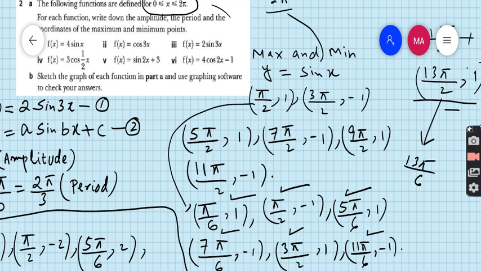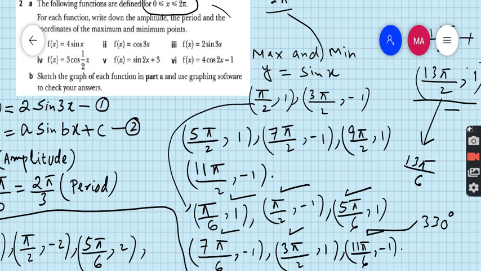Now, if you convert 11 pi by 6 into degrees, we will have 330 degrees. And 330 degrees is less than 2 pi. 2 pi or 360 degrees are both the same.